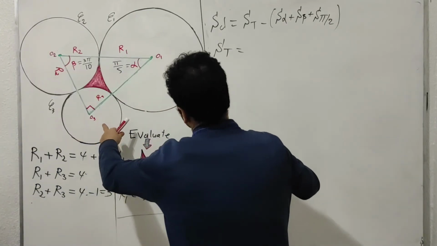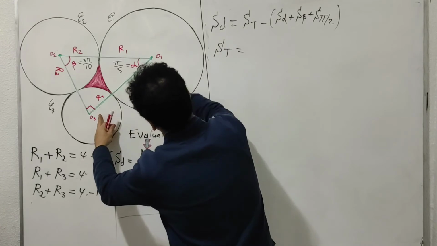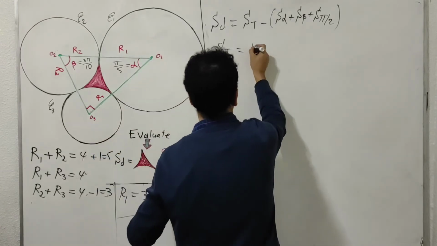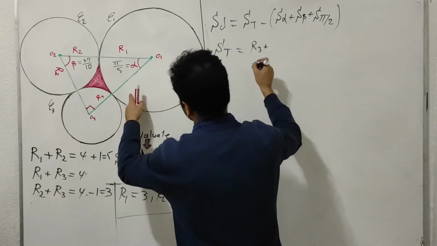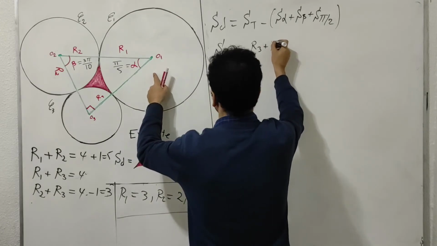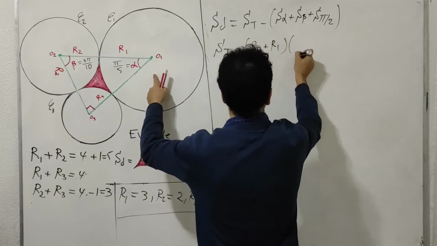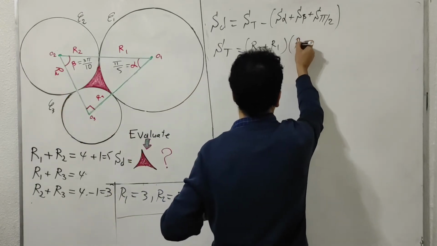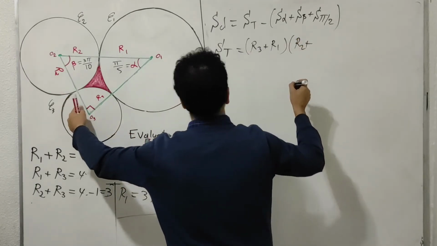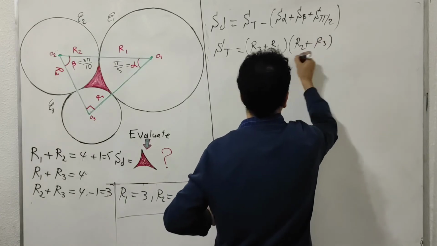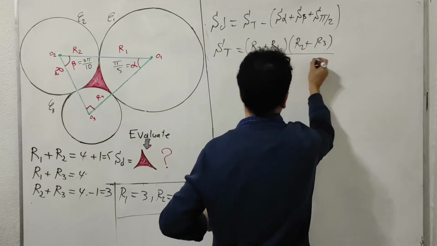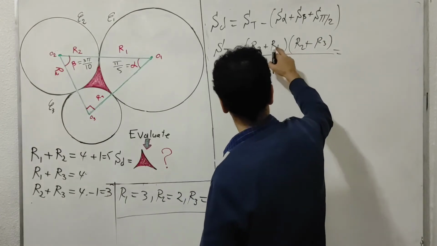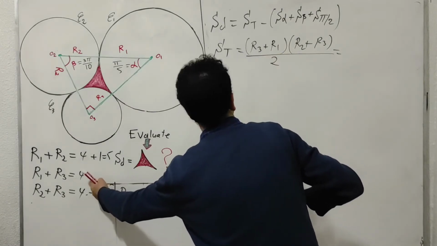That means this distance plus this distance, which is R3 plus R1, as a base multiplied by the height, which is R2 plus R3, all divided by 2.